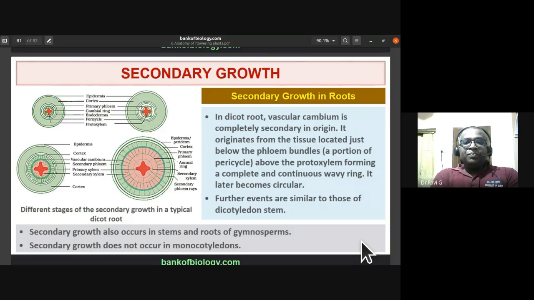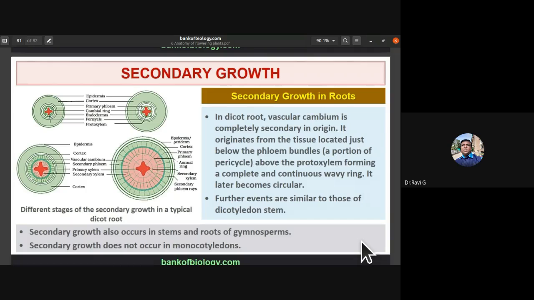Whereas in case of dicot stem, partially it was primary in origin. See, the intrafascicular cambium was primary meristem. Interfascicular cambium was later formed, so we call it a secondary meristem.